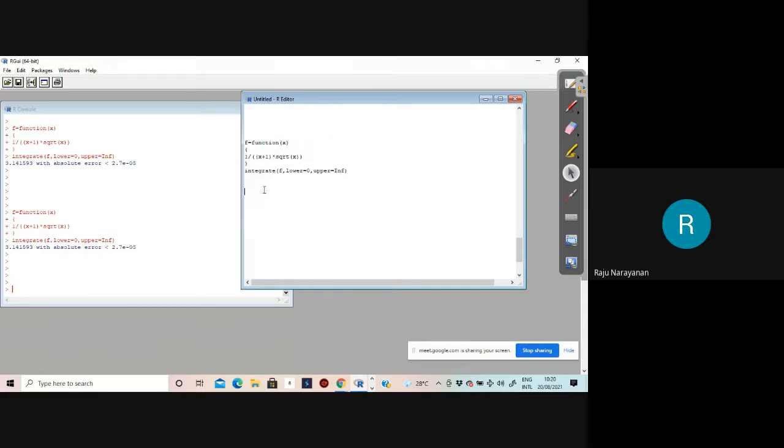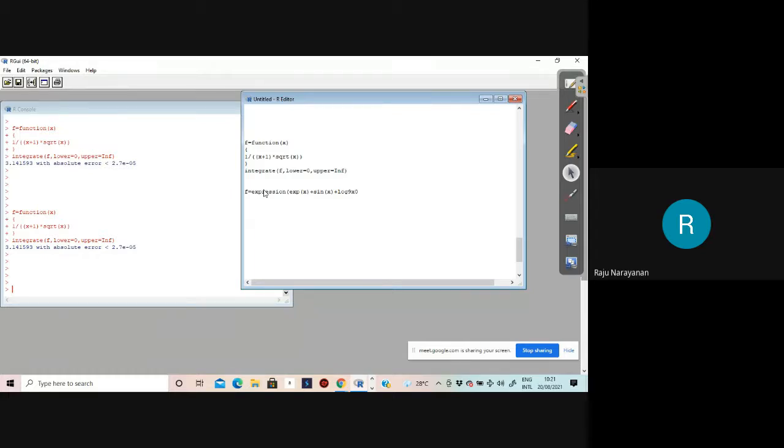Now integration and differentiation are also like that. Suppose f is equal to an expression, not a function: e raised to x plus sin x plus log x.